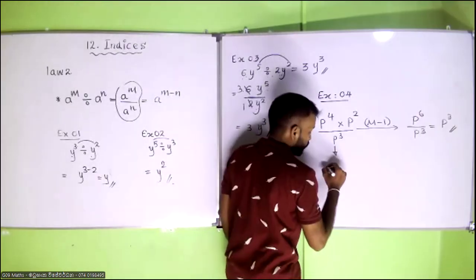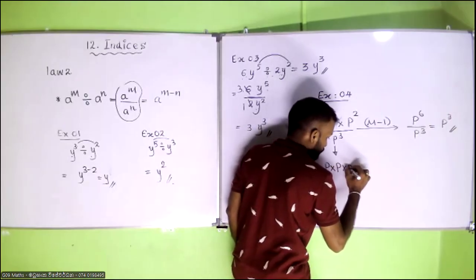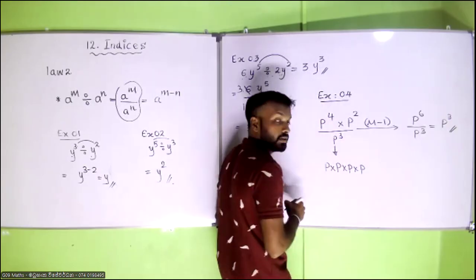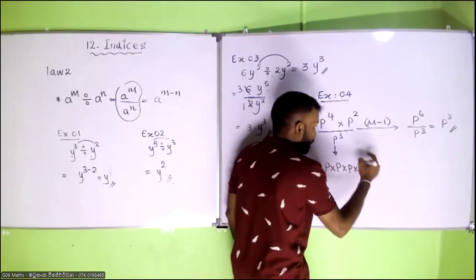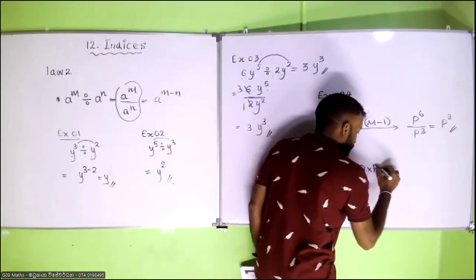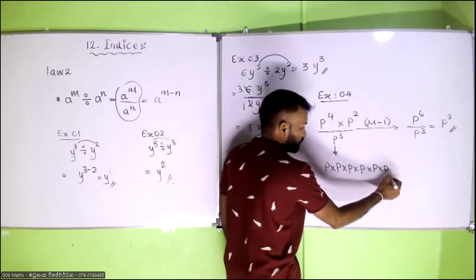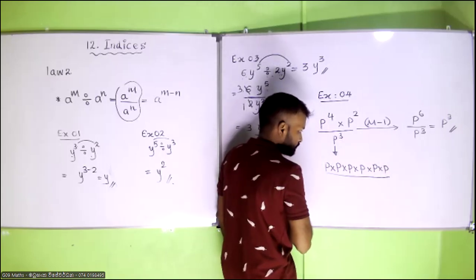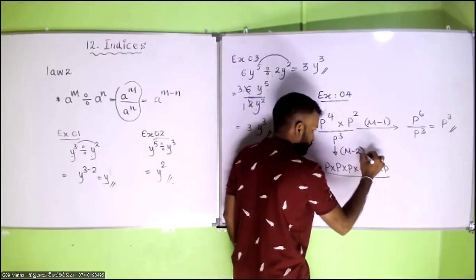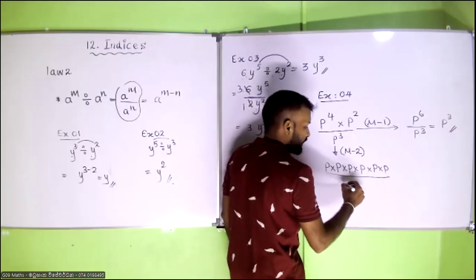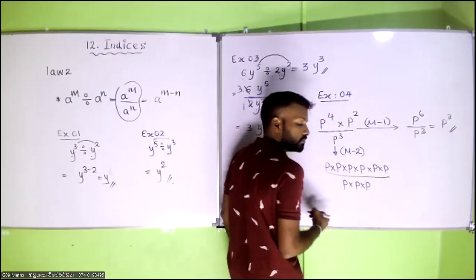So p to the power 4, how to expand? P multiplied by p multiplied by p multiplied by p. Multiply p to the power 2, p multiplied by p. The numerator is completed. Division, method 2. P to the power 3 expand: p multiplied by p multiplied by p.